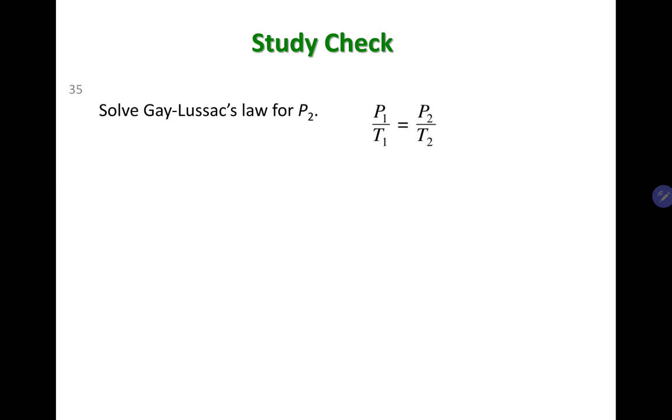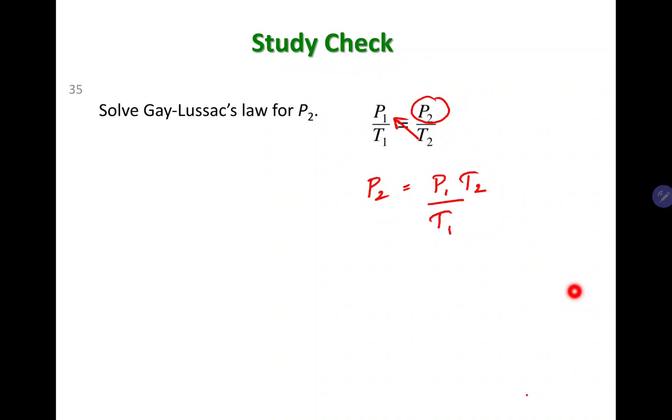Let's do a quick study check. Solve Gay-Lussac's law for P2. So they want us to rewrite this equation as a function of P2. So you want to get rid of T2, right? You will cross multiply and T2 will go to the top. So P2 equals P1 divided by T1, nothing happens to those two, and then you will also have a T2 term on top.